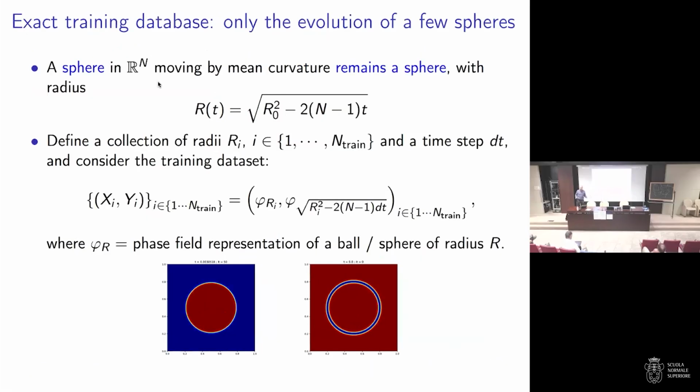So what are our exact evolutions? For the mean curvature flow, the structures for which we really exactly know the evolution are spheres. Of course, in dimension 3, we can also use cylinders. We have the exact evolution law for cylinders. So what is nice here is that if I give you a phase field approximation of a sphere of radius Ri, I can compute the exact sphere at time t plus delta t using exactly this formula here.